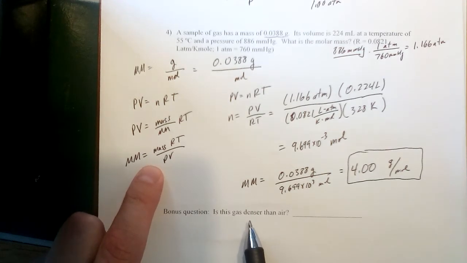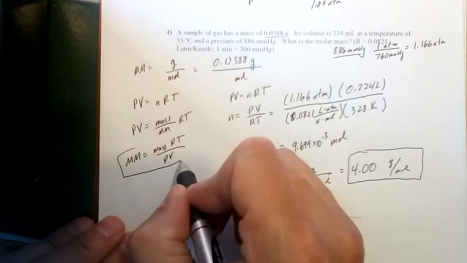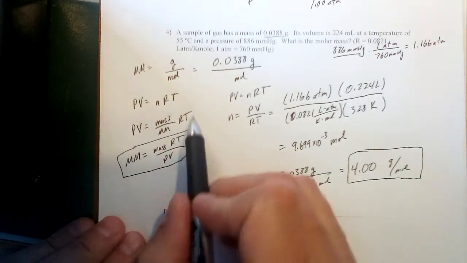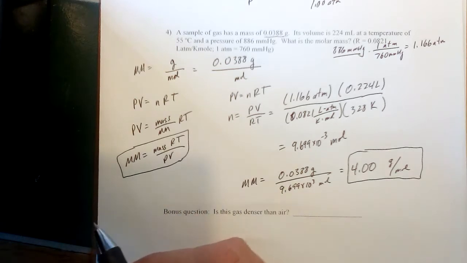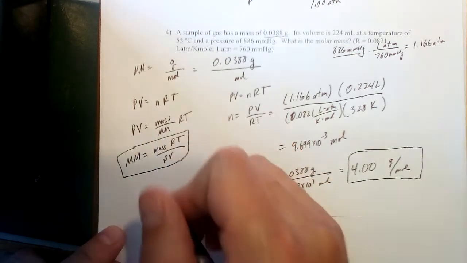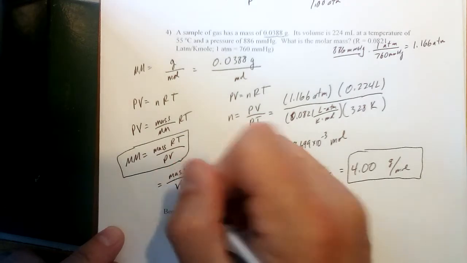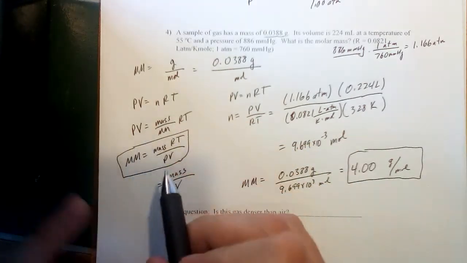If we want to think about gas density, that is mass per unit volume. So if I ignore the molar mass version here, I could take that previous equation and rearrange it to solve for the density, right? Since density is mass over volume. So if I divide both sides by volume on the right here, I could get mass over volume, and then all the other pieces would have to move to the left.